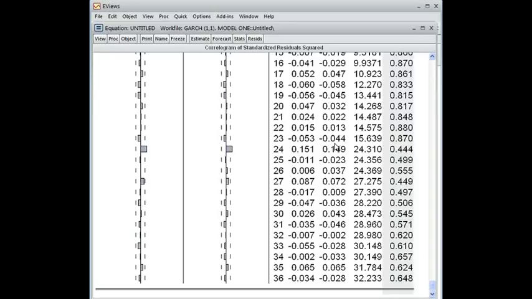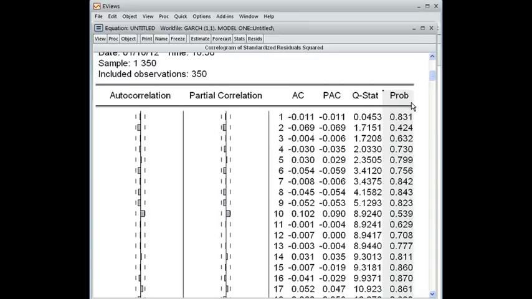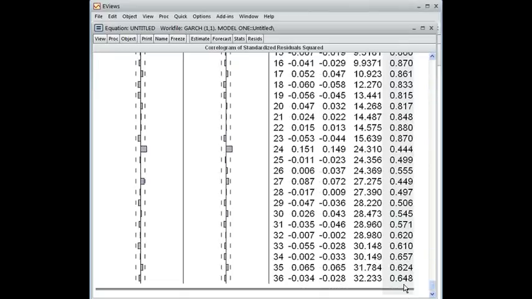What is the null hypothesis? The null hypothesis is that there is no serial correlation. We can reject the null hypothesis only when the p-value is less than 5%. But here, you can see all p-values are more than 5%.